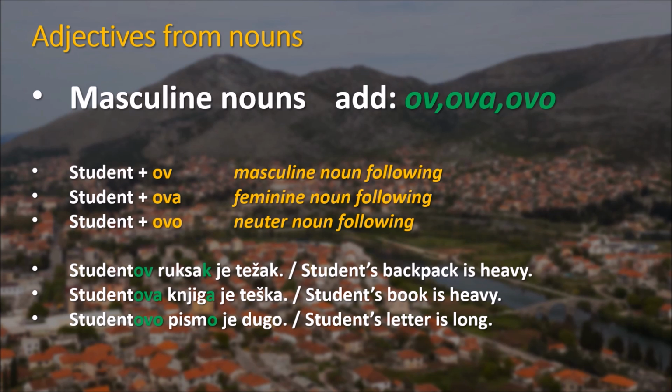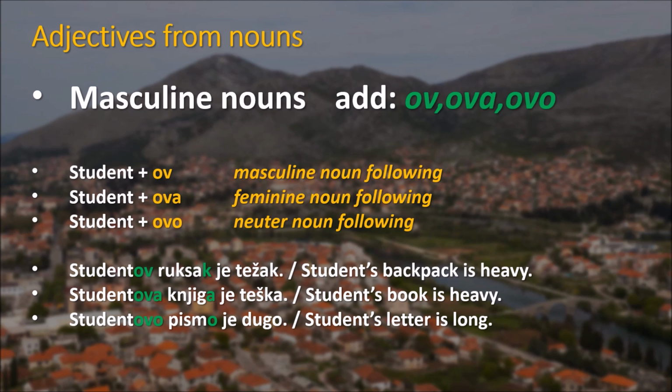So if our noun is masculine, in our example here we have student. Student is not ending on a vowel, it's ending on a consonant, so it's a masculine noun. Based on that alone, our ending will be either ov, ova, or ovo. So it can be either studentov, studentova, or studentovo, based on what's following it.